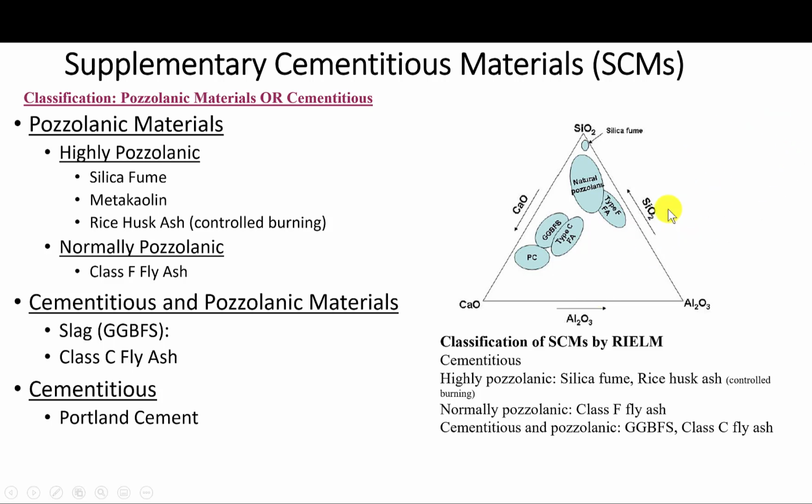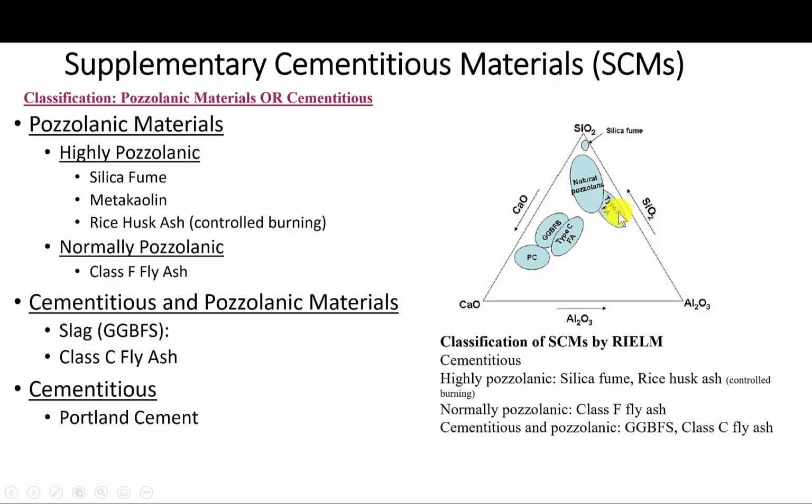This diagram puts this in perspective, showing the classification of the materials, which is basically based on their chemistry. If the material is high in silica, which is the amorphous silica, as we will see later, it will be more pozzolanic, and natural pozzolans fall in this area. Silica fume is the highest because of its high reactive silica content. The type F fly ash falls here.